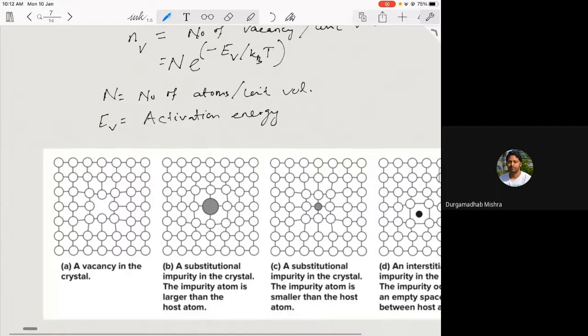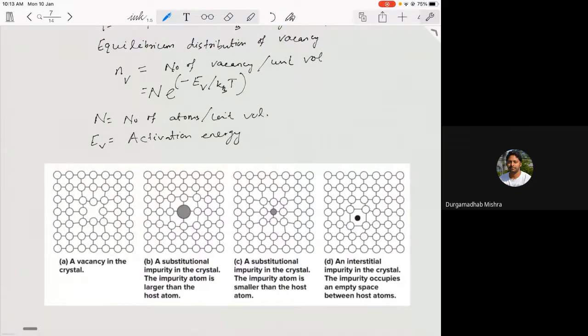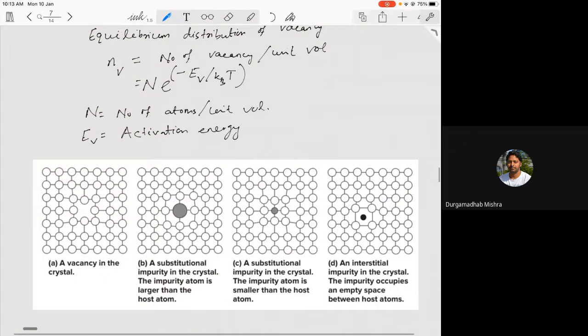And so here is actually a picture of how these different vacancies in the crystal play a role in terms of how they modify the structure.